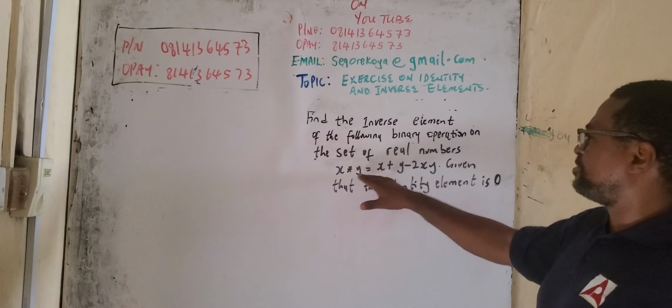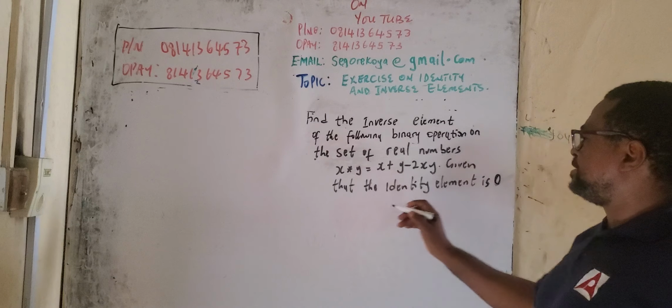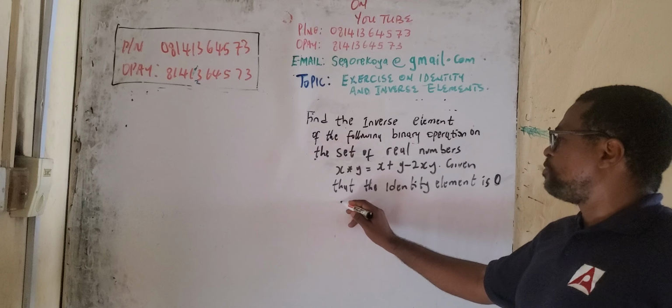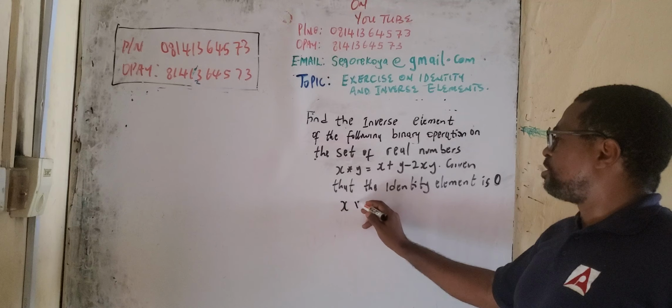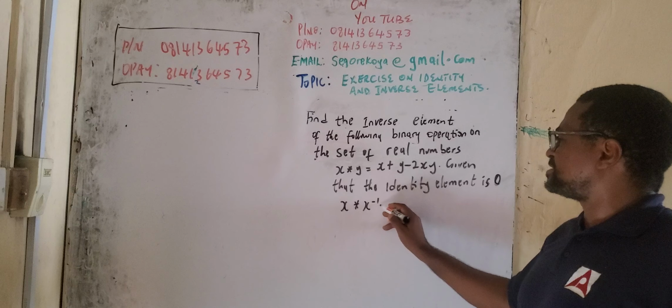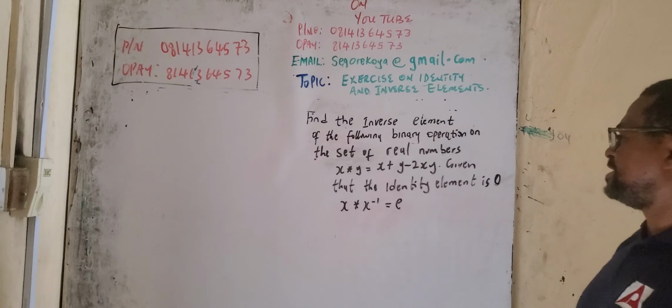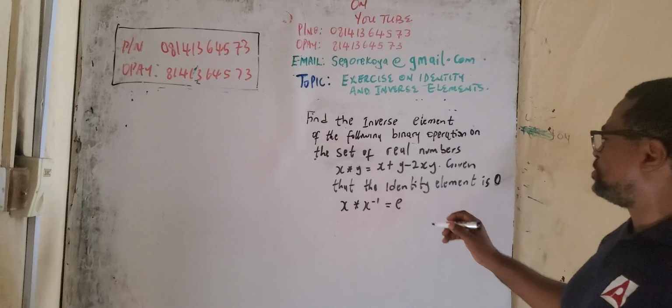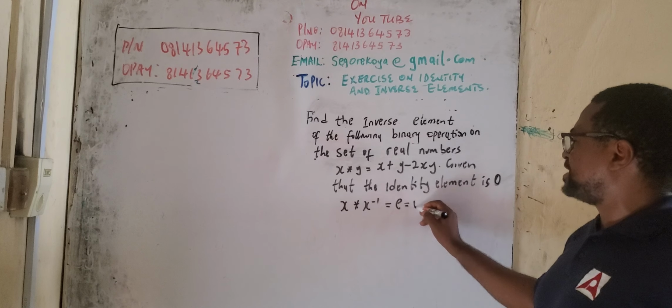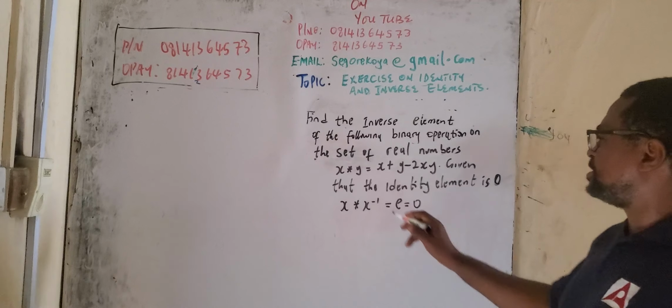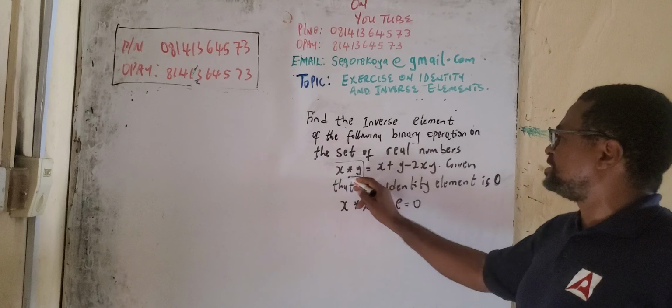We are given this binary operation. From our definition, when we say x operation x inverse, we must get the identity element. We have been told that this identity element is 0.